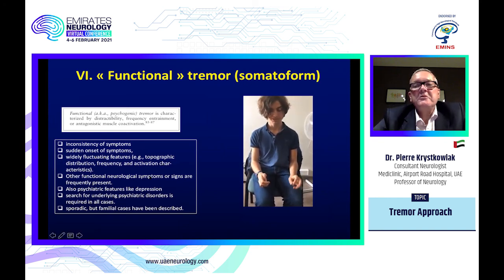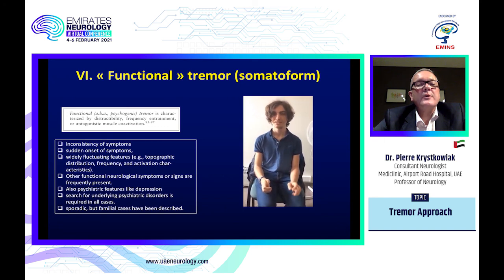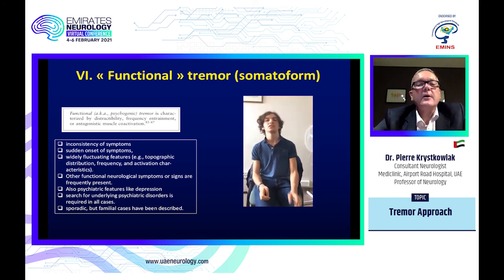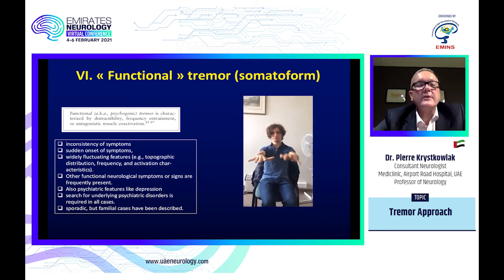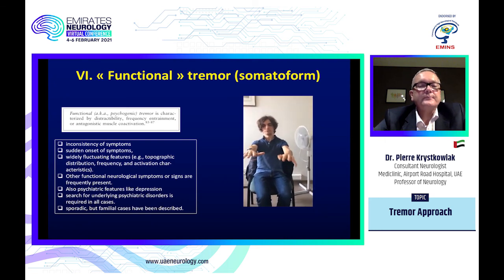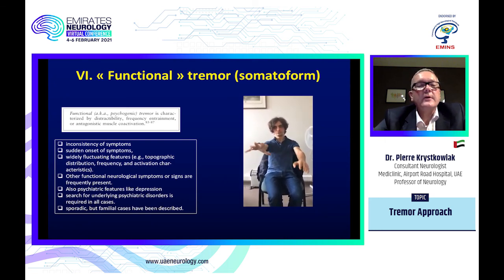You can suspect this kind of tremor when you observe inconsistency of symptoms, a sudden onset of symptoms, when the tremor features are fluctuating over the consultation, or when you have some interruption of tremor during the weekend, for example, and then on Monday it starts again. I'm not going to comment further on this kind of tremor. This is just to show you that this is in the sixth part of the classification.